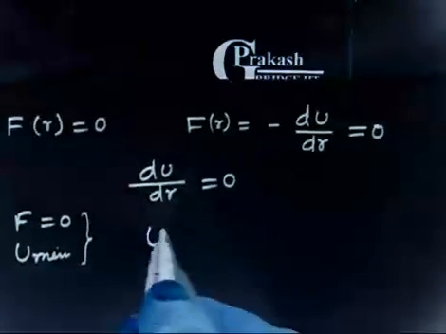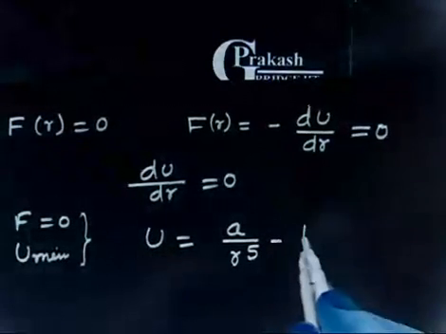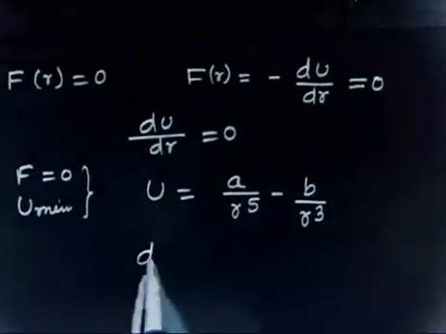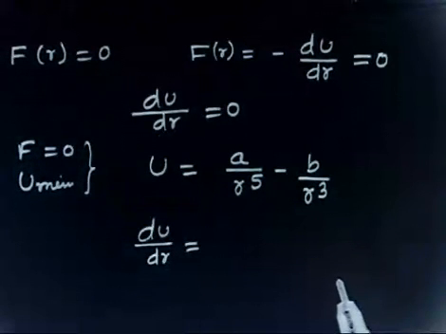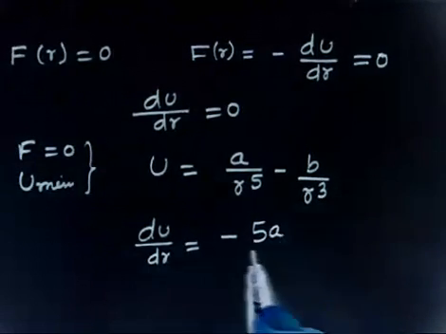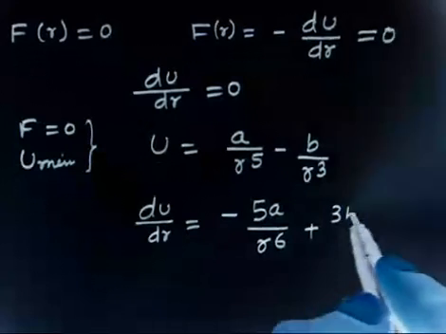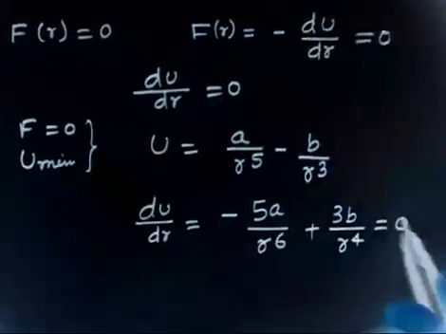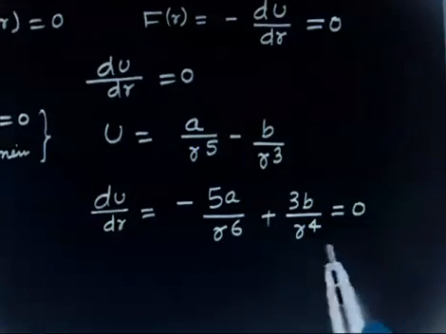Now U is given to you as A by R to the power 5 minus B by R^q. Now let us differentiate this one. So dU over dR, you can do the differentiation yourself. I am writing the differentiation: minus 5A by R to the power 6 plus 3B by R to the power 4, and this is equal to 0 at R equal to R naught.